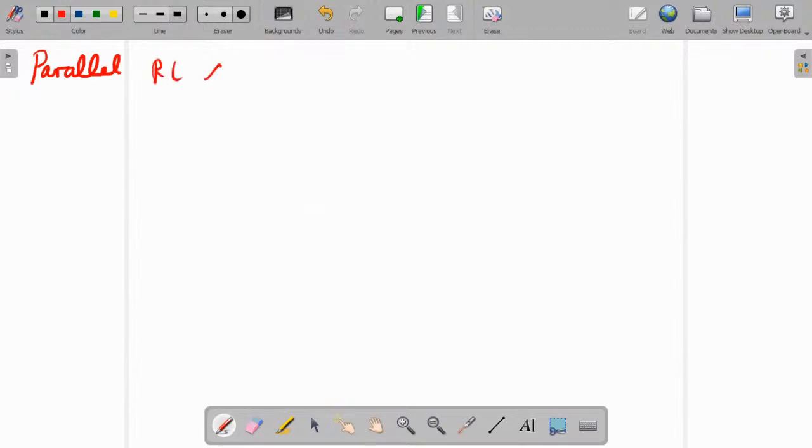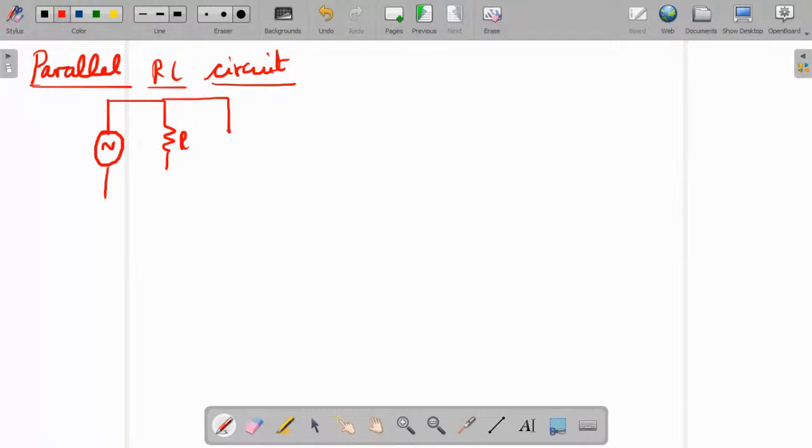So for the parallel RL circuit I will draw only this one; parallel RC and RLC you are all familiar with, so I will not draw them again. So this is R and this is L, and some current I. This is V.